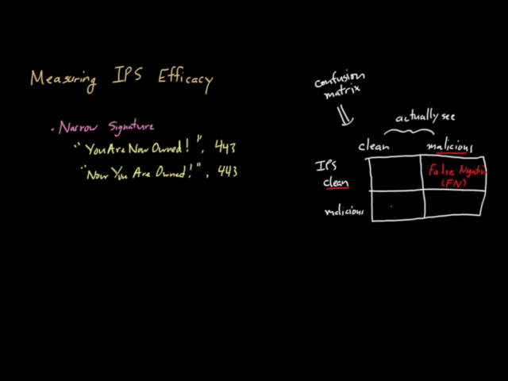Then, if your IPS signature looked for the first string, it's going to miss an attack containing this second string. So the second string will cause a false negative, or FN. We talked in other videos about vulnerability-based signatures, which would help you get around this particular weakness. But I wanted to mention it because a lot of IPSs are very specific.